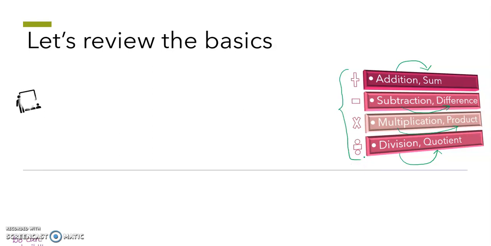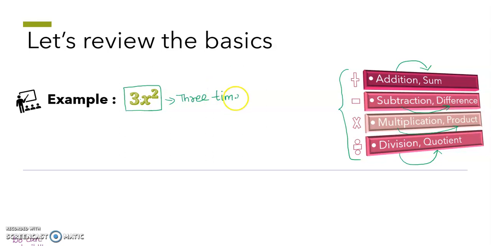Now let's try an example. 3x squared. If you read it as a verbal expression, you would read it as 3x squared. It is nothing but 3 times x to the power 2. So you can write it as 3 times x to the power 2.